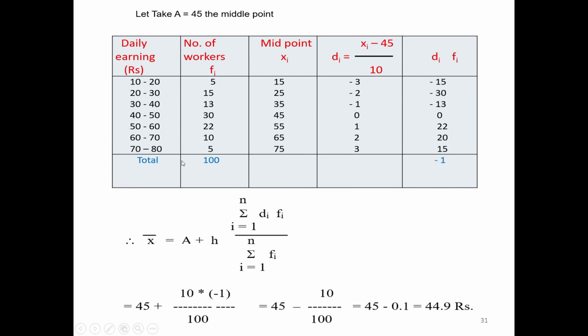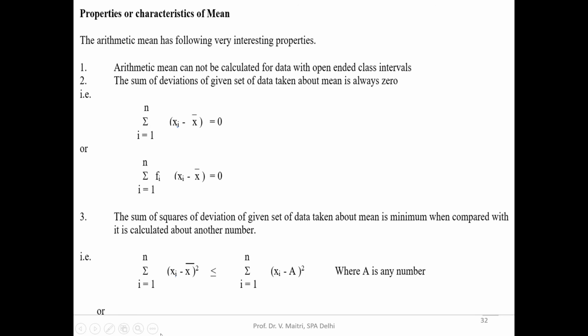You remember, if in place of 10 nothing is there, or in place of 80 nothing is there, it is an open-ended class interval, so we cannot compute. Now the sum of deviations of a given set of data, if taken around the mean, is always 0. Sum of (xi minus x bar) has to be equal to 0. Similarly for the frequency formula, sum of fi into (xi minus x bar) is equal to 0.